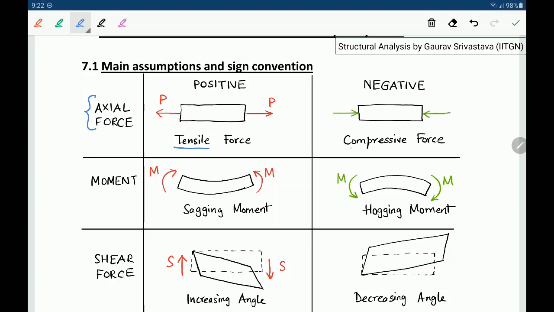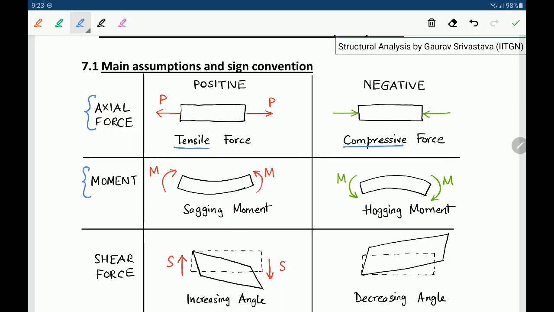And if they are compressive in nature, we will call them negative. Okay, so this is just a convention, and it will be perfectly okay to use an opposite convention, but just to be consistent in the rest of the sessions, we will choose these sign conventions.